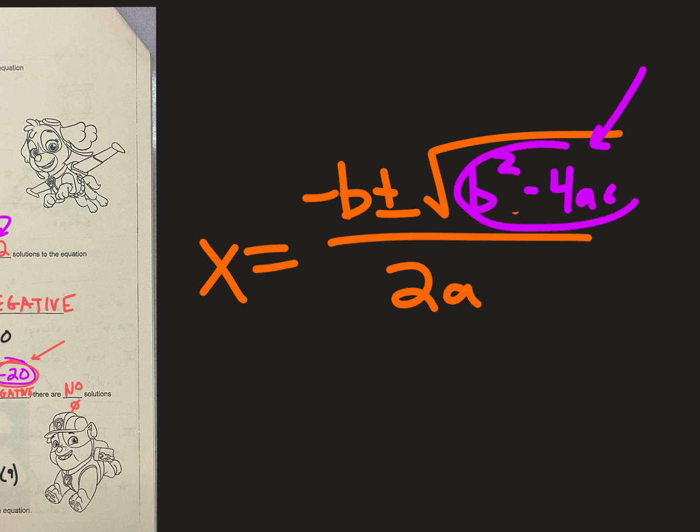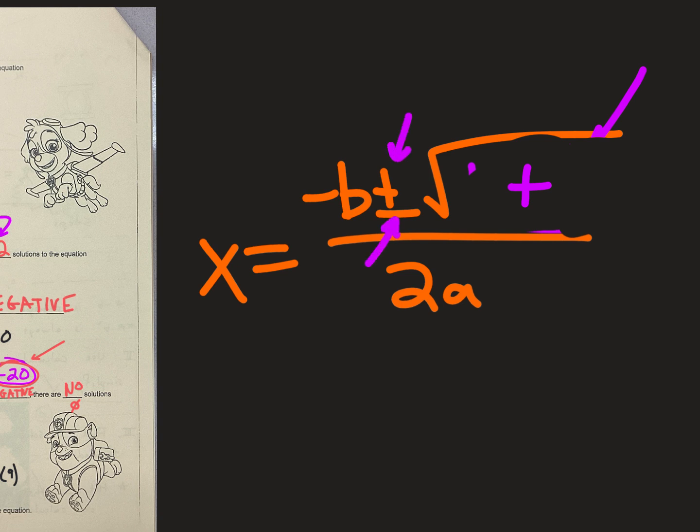If this ended up being some positive number, then it would be like any other quadratic formula problem that I've done so far. I'd have to do it the plus way and the minus way, and I'd get 2 answers. That's what you're used to. Positive discriminant means there's going to be 2 answers like normal.